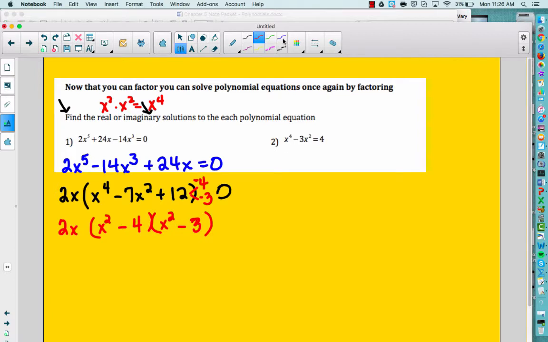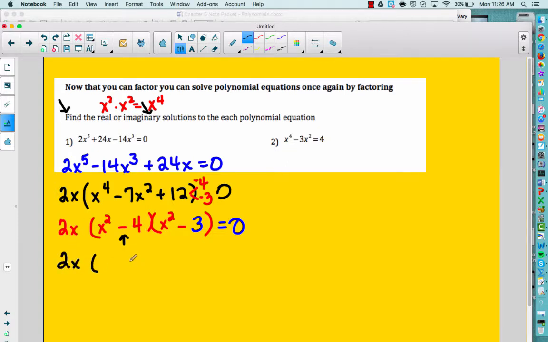You can still go through the check doing this for yourself, and you'll get negative 4x squared and negative 3x squared, which does give me that middle term of negative 7x squared. So I factored it properly. Now we have to keep going, because x squared minus 4 is the difference of squares.